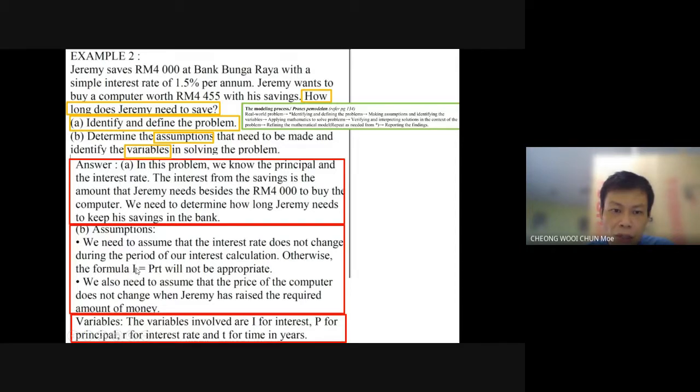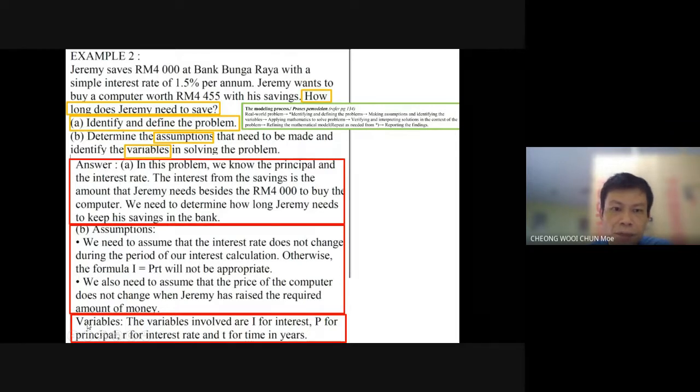Then we are using this formula I equal to PRT. We also need to assume the price of the computer does not change when Jeremy has raised the required amount of money. So the first one is the interest rate does not change, fixed interest rate, and the second one is the computer price is the same, no changes in the computer price.